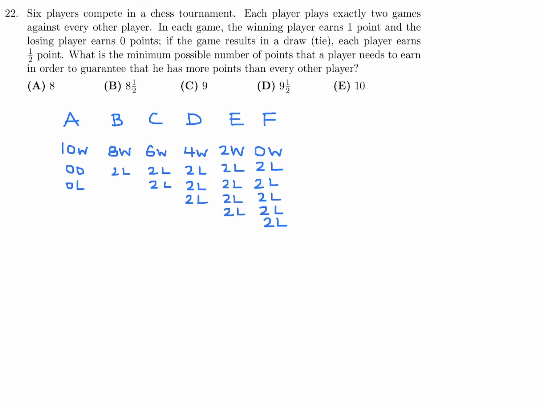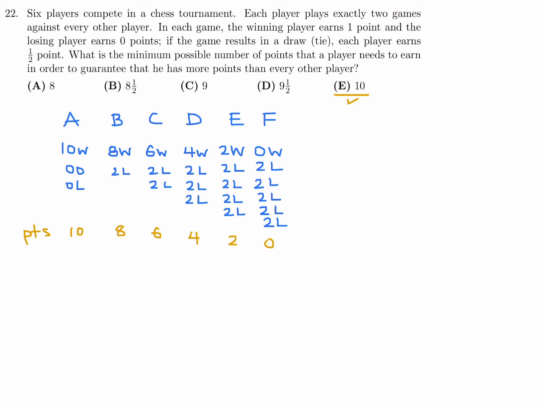The points look like 0, 2, 4, 6, 8, and 10. So without a doubt, if a person scores 10 points, he's guaranteed to have more points than any other player. So this is fine. But we want to see if any of these can also guarantee.